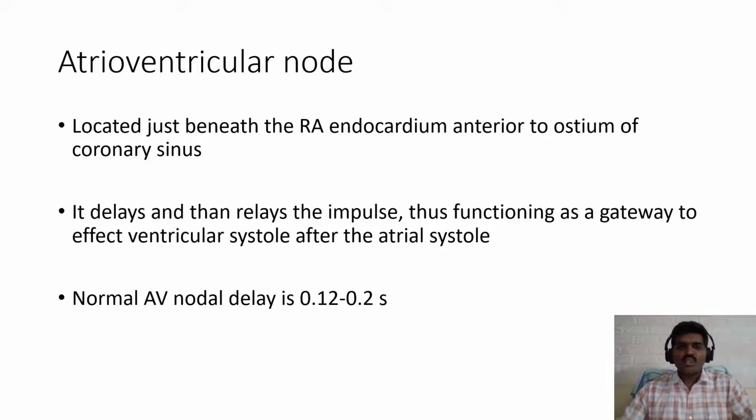As you can note, whenever the SA node is depolarized, the impulse directly spreads into the atria almost instantaneously, and the only connection between the SA node and the ventricles is the AV node, which has the property of delay. Normal AV nodal delay is 0.12 to 0.2 seconds.